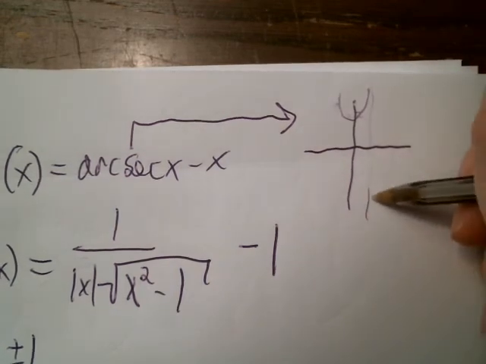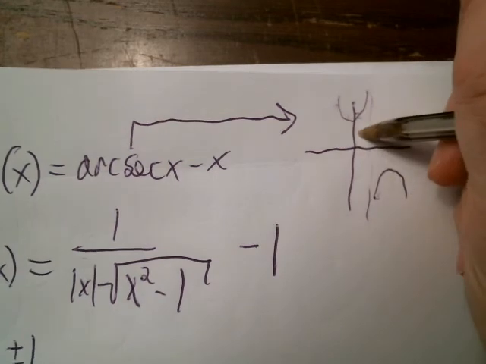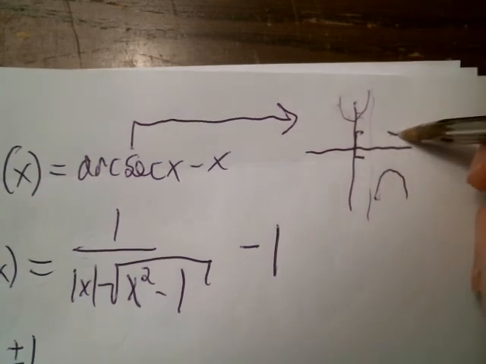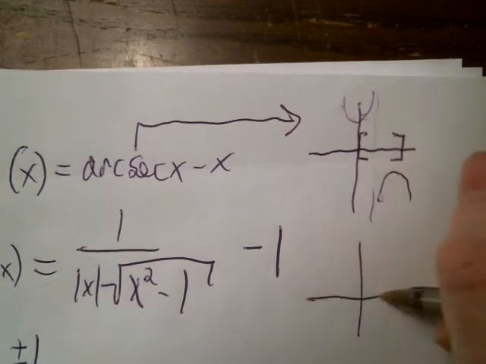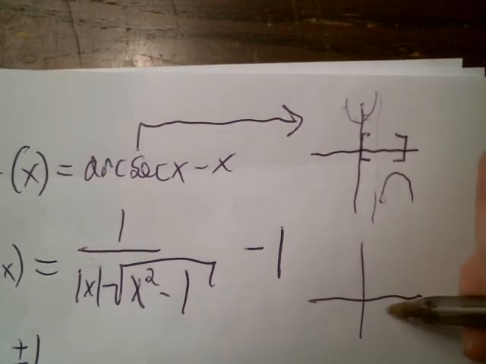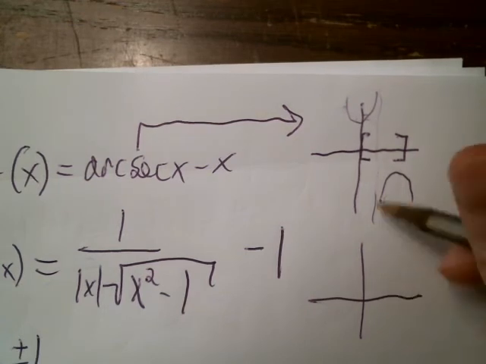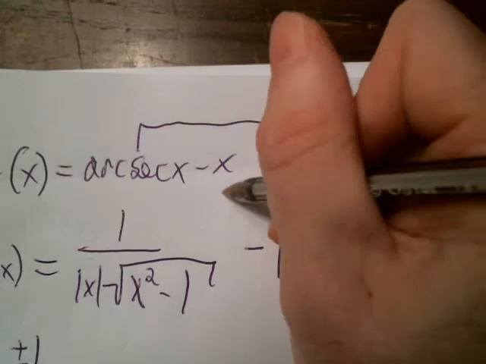And then you have to restrict the domain for secant from like 0 to pi. And then if you flip it about the y equals x axis, you get something else that's weird as well. But anyways, the domain is restricted from 0 to pi.